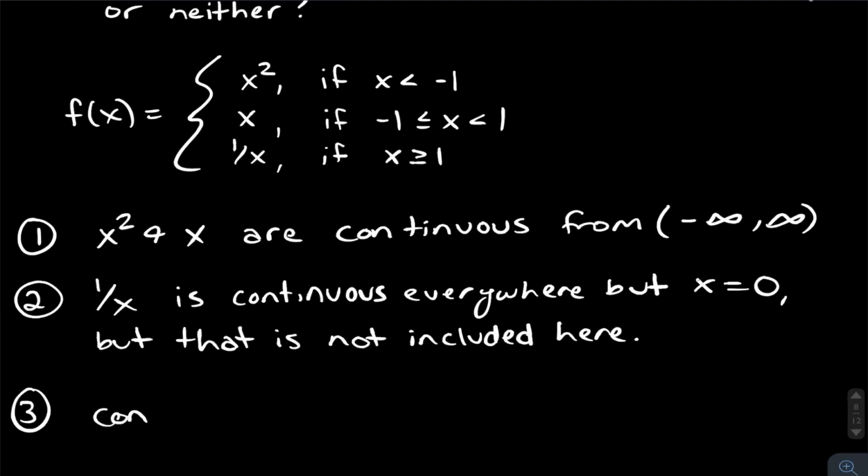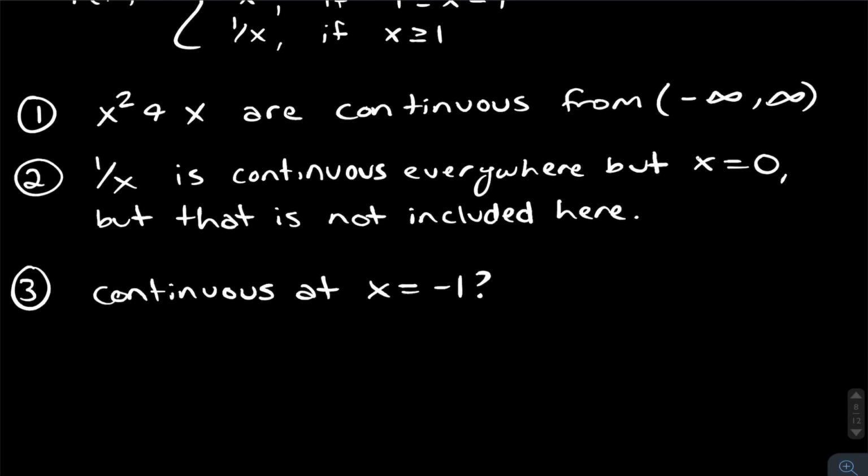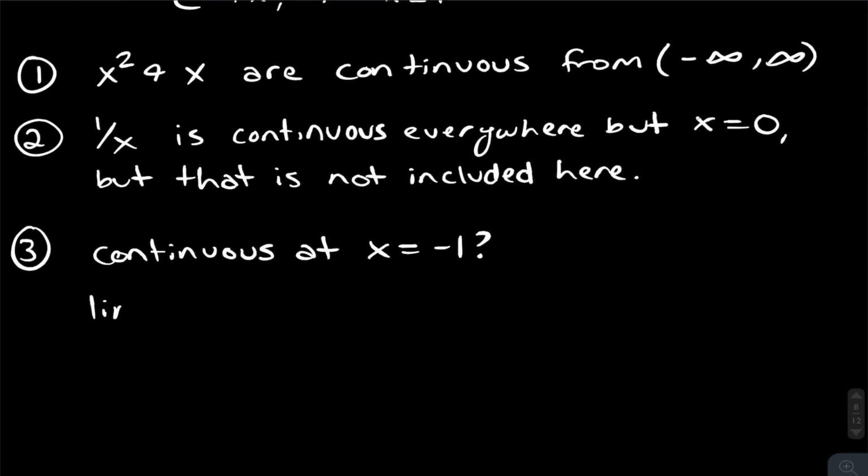So is this thing continuous at x equals negative 1? Well, how do we find that out? We use the limit as x approaches negative 1, right?